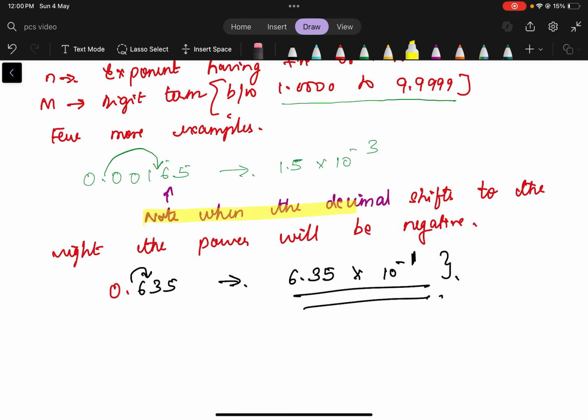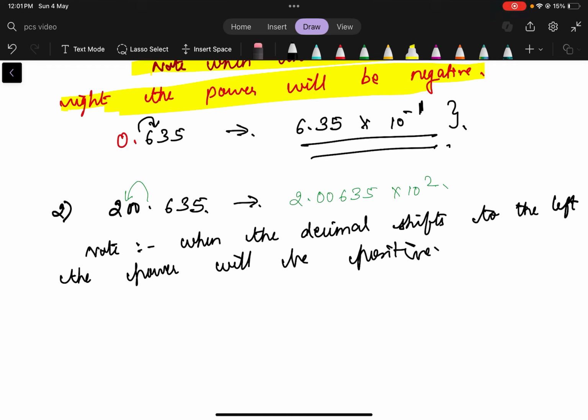When the decimal shifts to the left, the power will be positive. So this is again an example of decimal shifting to the left.